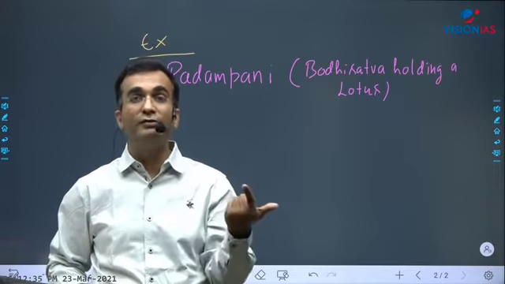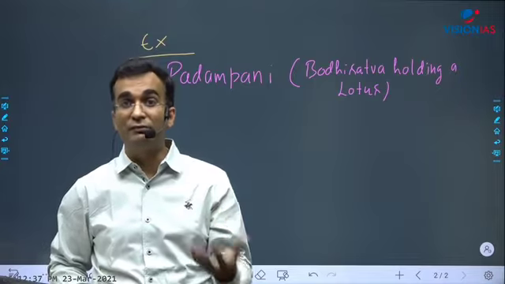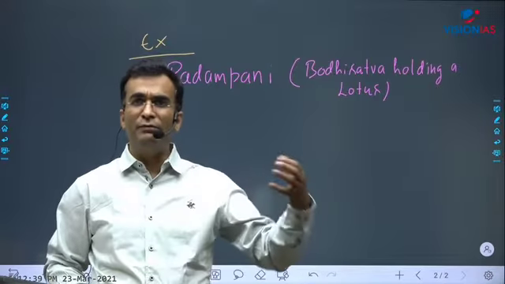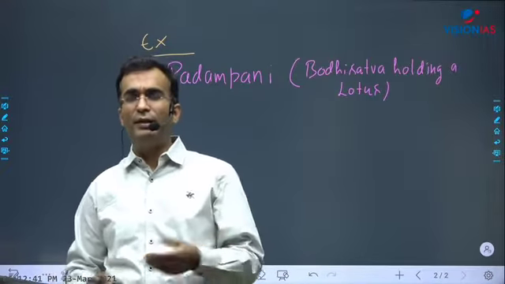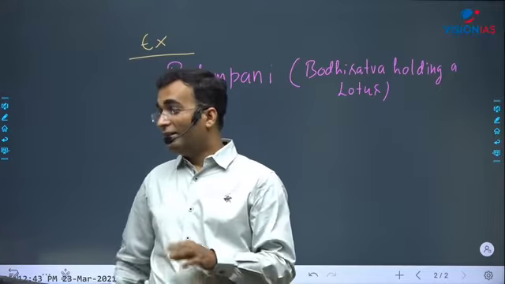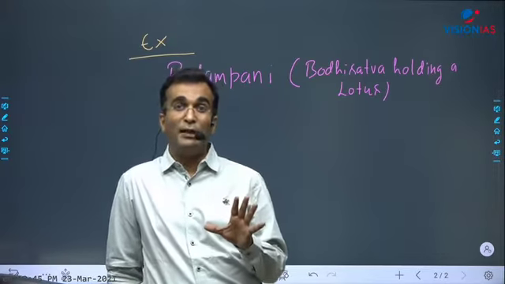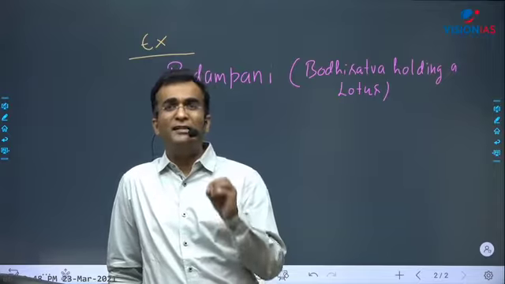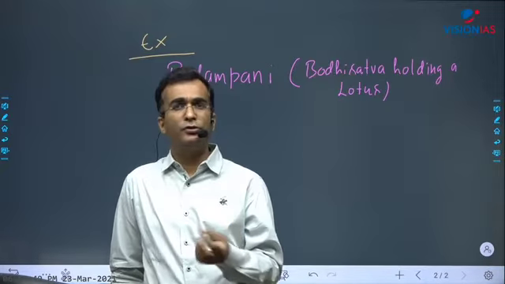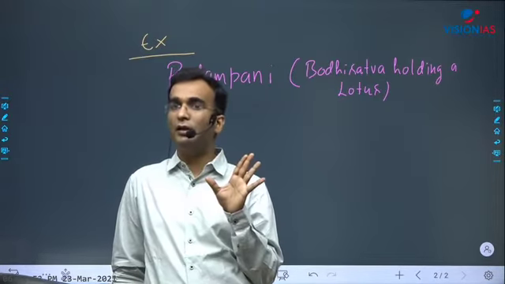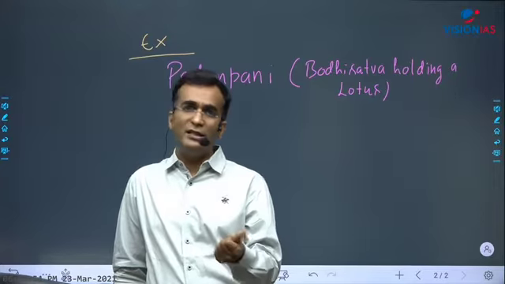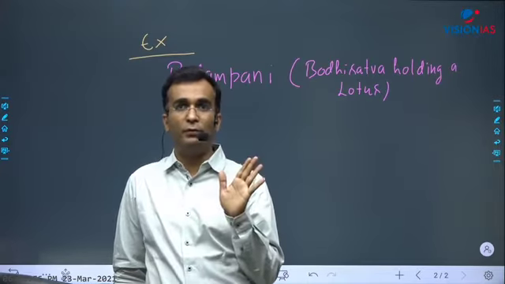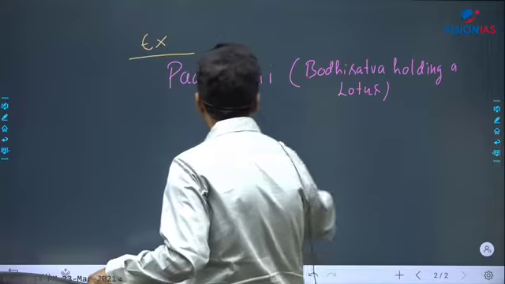Red can also be obtained from the Palas flower. Palas was a very popular flower in that area. In fact, Maharashtra is the state where a large chunk of the Palas flower is produced, and it's a very good red color source. So they were naturally obtaining all these colors, and these natural colors were applied on the wall. So Padam Pani.